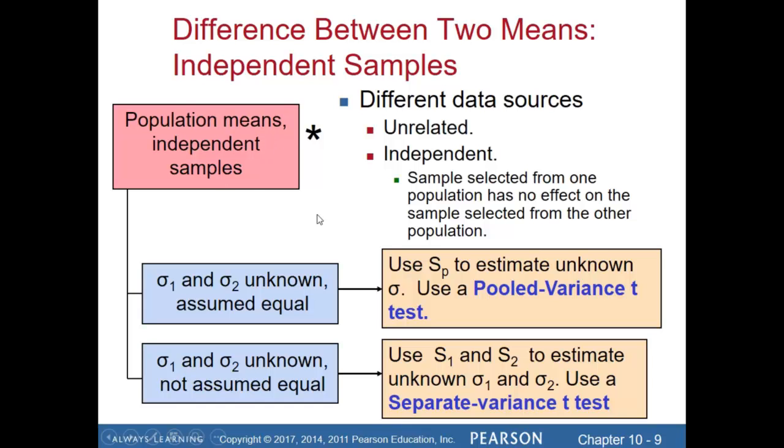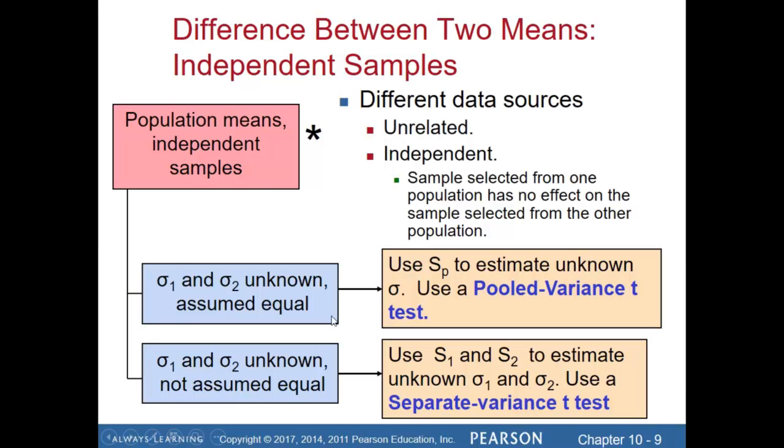We are going to be working in this situation with independent samples. That is where there is no relationship between items in the two different samples that we're looking at. So we're assuming that they were drawn randomly and independently from their populations.